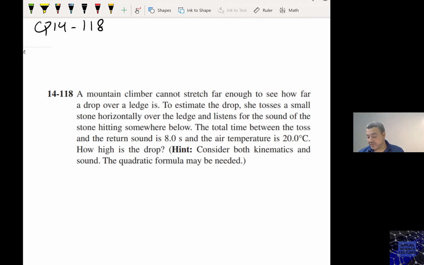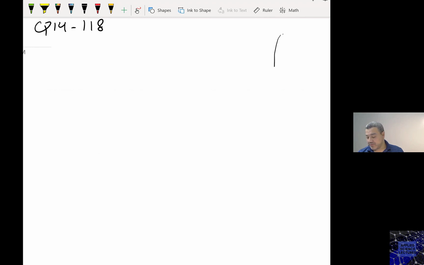So, to estimate the drop, she tosses a small stone horizontally over the ledge and listens for the sound of the stone hitting somewhere below.